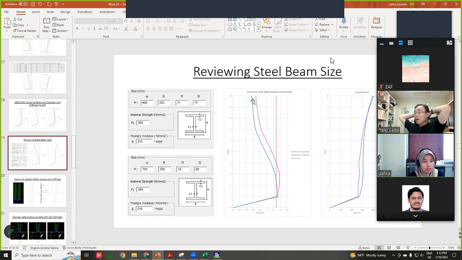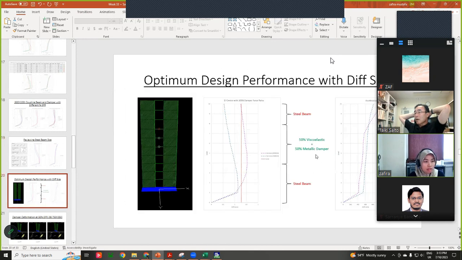This is the steel beam along the height, the story drift and the accelerations. After I optimized, the 750 steel beam is much better than 600, and the acceleration is around 800. It's only at levels 5, 6, and 7.